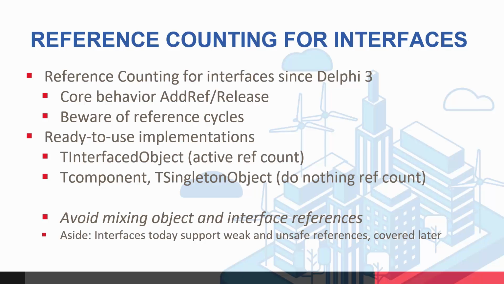So the actual implementation is ultimately up to the developer. However, in many cases, it makes sense to follow the interface logic and have some interface count. When you don't want to do it is if you want to mix objects and interface references, then you might want to disable the reference count. Although again, using weak and unsafe provides further options I'm going to cover later.